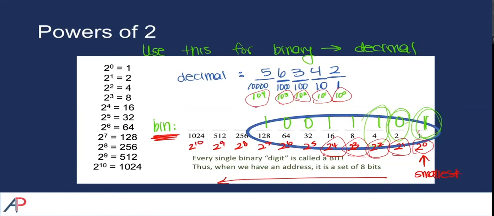So if we wanted to convert one number into the other, you need to first of all understand their place values. And then you need to figure out what exactly that number would be.